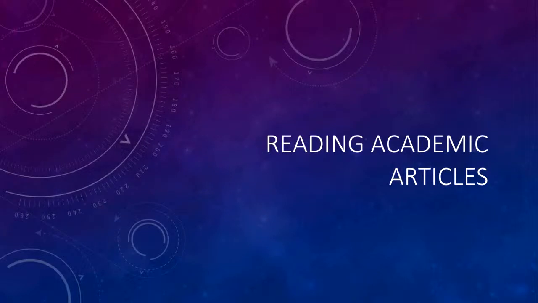So what we're talking about today is basically how to read an academic article. Now, I'm sure everyone knows how to read, and I'm sure that everyone has read an academic article. However, there are tips and tricks that can help you when you're doing research for your dissertation or for a big research project.